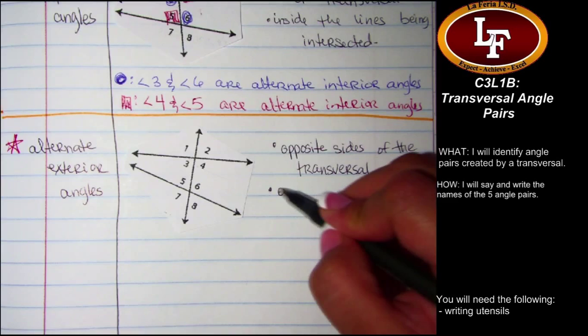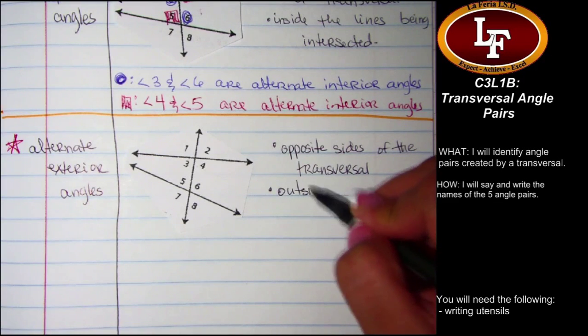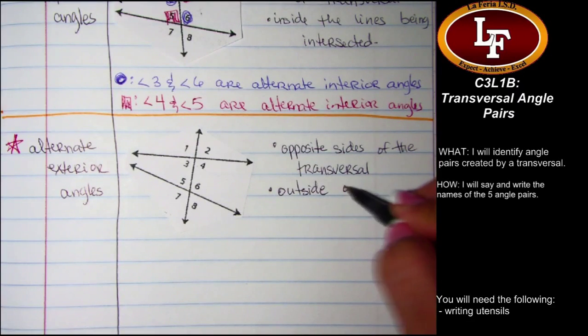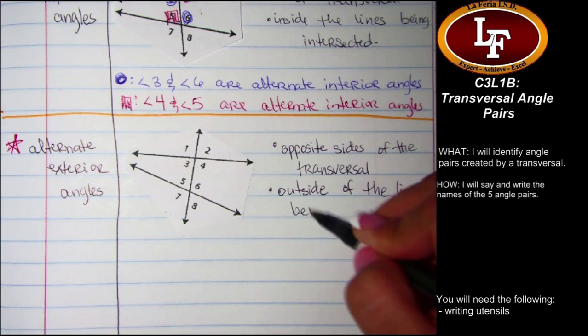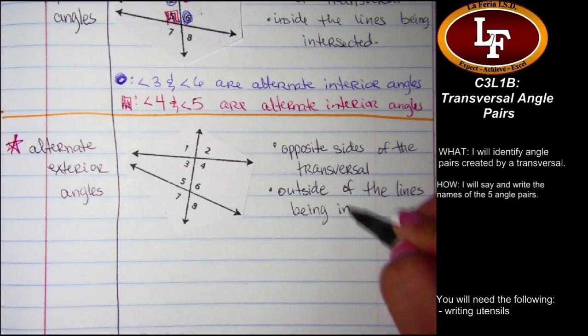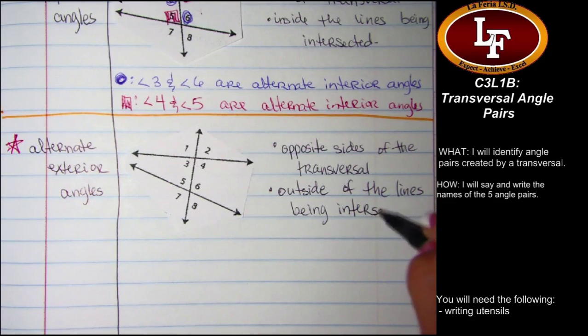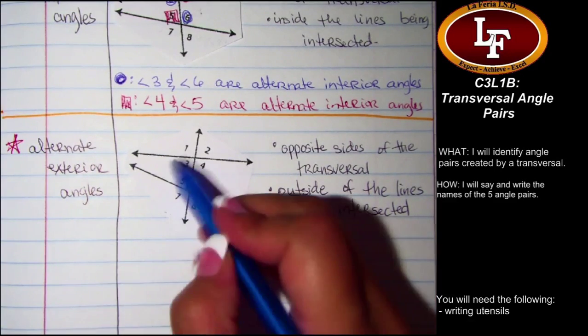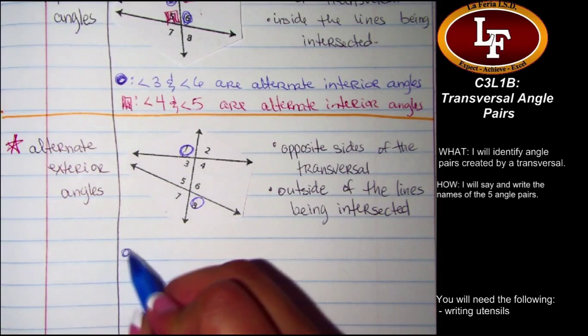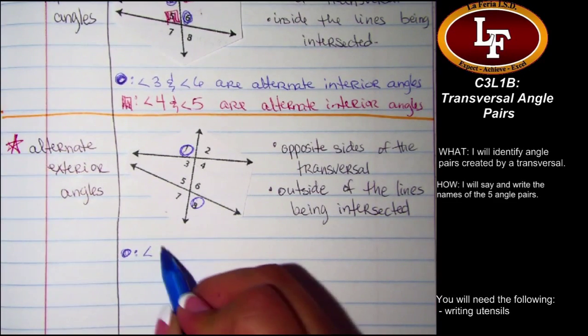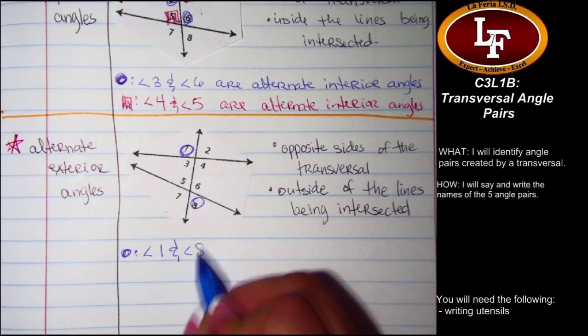And like before, exterior means that we are outside of the lines being intersected. 1 and 8 are such a pair of alternate exterior angles.